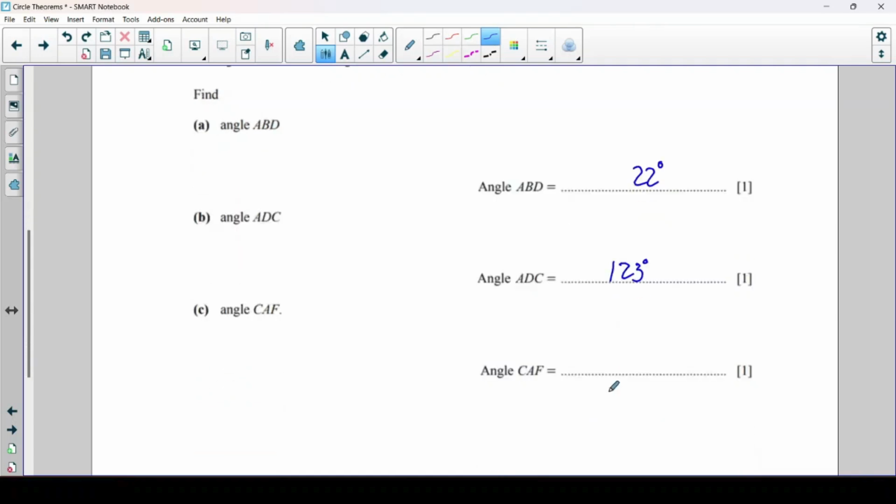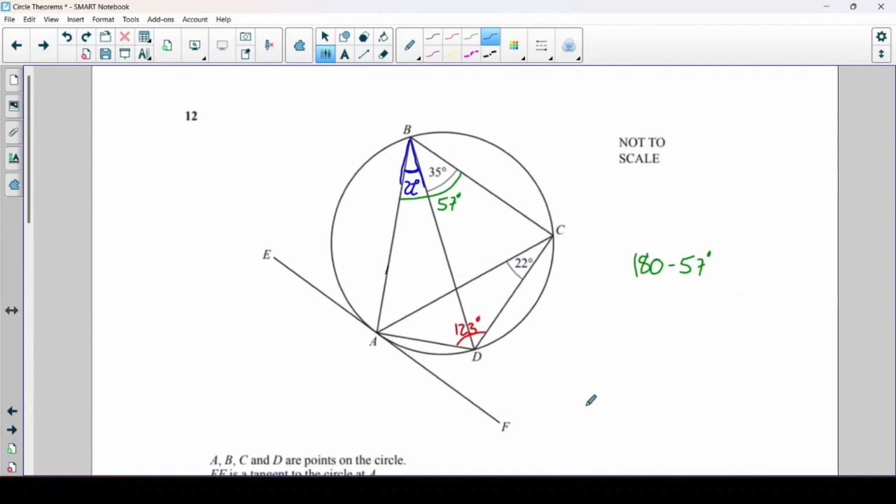And then finally CAF. CAF is from here to here, so it's that angle there. And this is where our alternate segment theorem is going to come in. So here's our tangent.